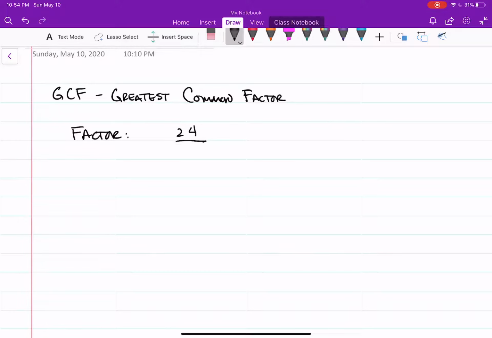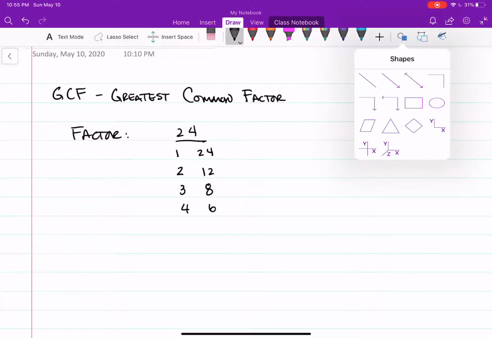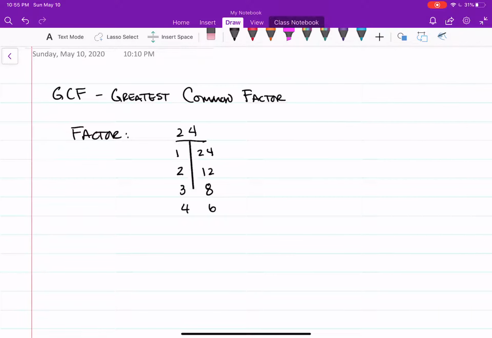So I know that 1 times 24 is equal to 24, hence 1 and 24 are factors of 24. 2 times 12, 3 times 8, and 4 times 6. So these are all factors of 24.